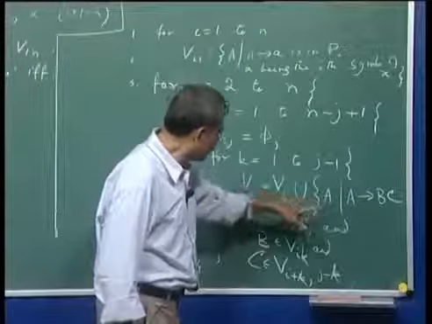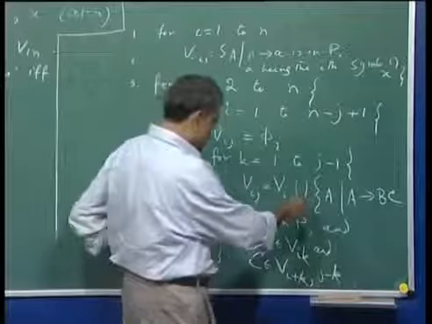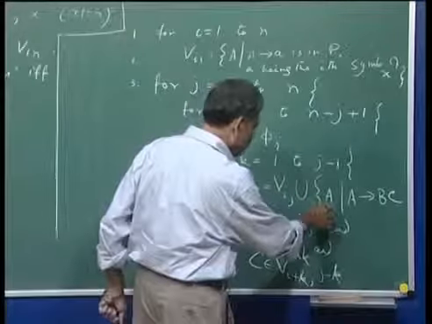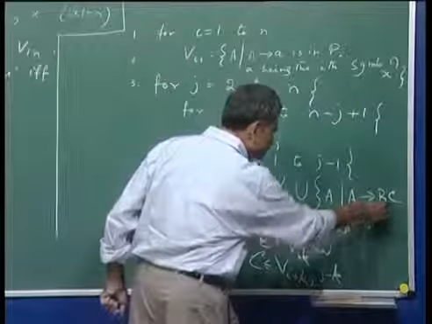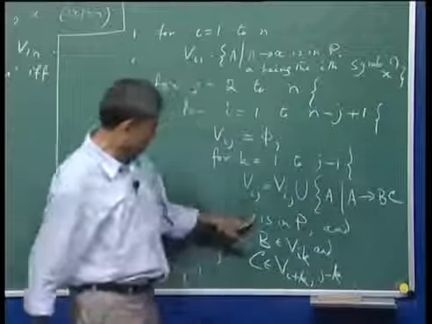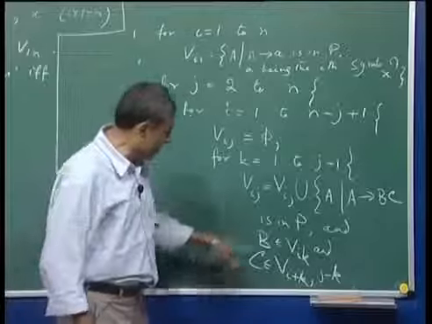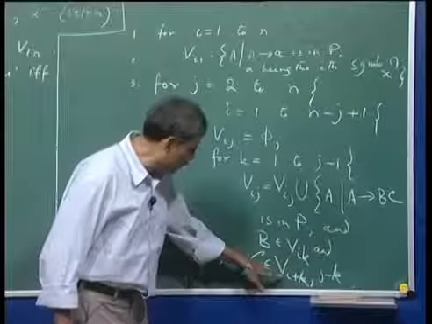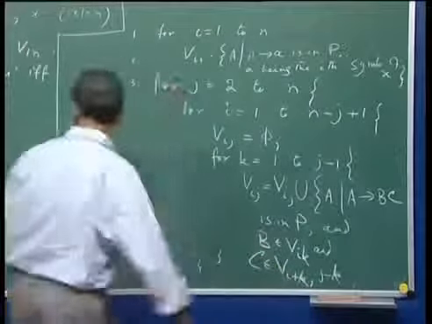So, what we are doing is that all those A, such that A goes to BC is a production, and B is in Vik and C is in Vi plus k, j minus k.